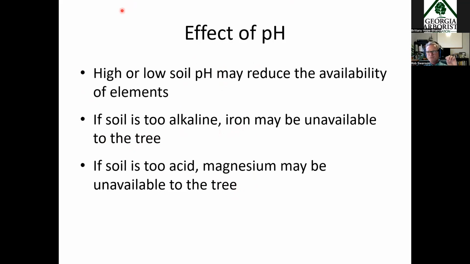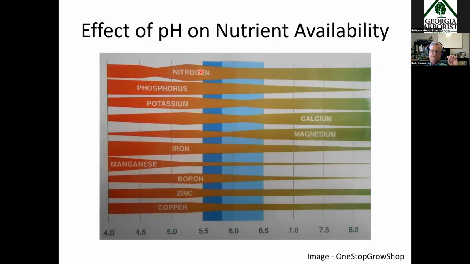pH typically has a range. Let's talk about the naturally occurring ranges that you might see in a soil test. You might see something very acidic down here at 4, or you might see something quite basic way down here at 8. So everything greater than 7 is basic.